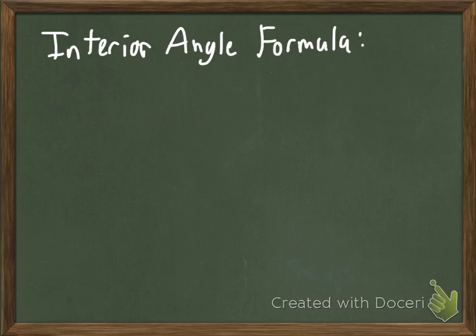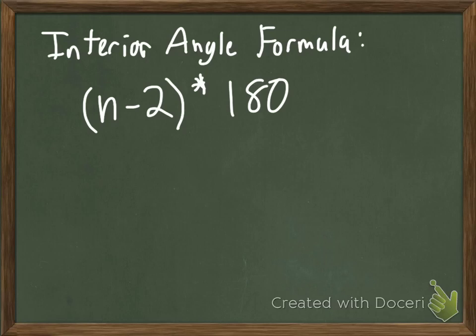Okay, so let's discuss that formula. I know it's probably a little difficult to come up with that. So, the formula for the interior angles is (n minus 2) times 180. Now I bet you got this 180 in there, which is good. But this n minus 2 part's hard to see. And you're probably wondering what's n? Well, n equals the number of sides.